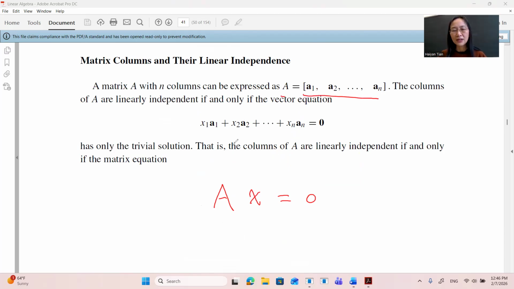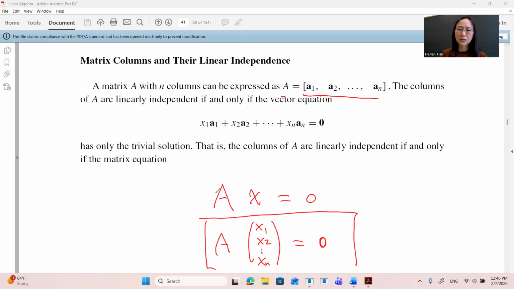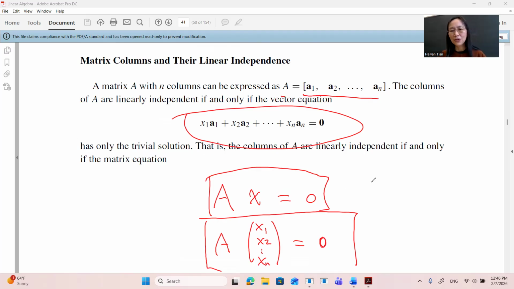The x is the column vector. Yeah, 0 is the right-hand side. So that's the matrix equation, right? Or this one. So they're the same, matrix equation or vector equation. They're the same linear system. You can use either form.